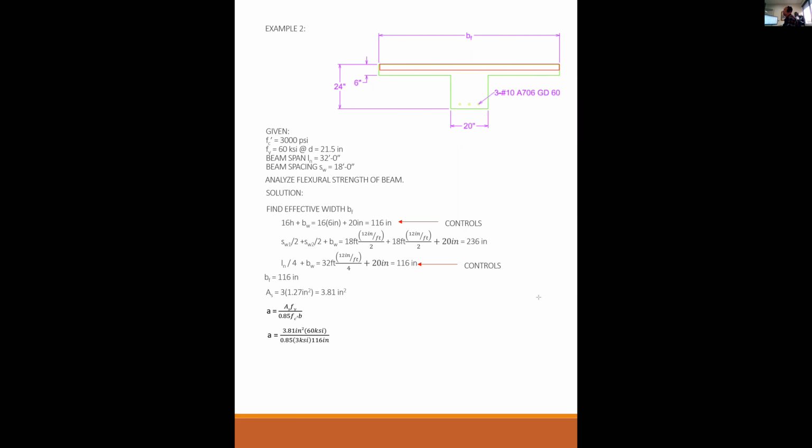That's the compression block. So if the Whitney stress block is as wide as the effective flange, then that's why this is 116, not 20. If it was negative bending and your compression was down here in the bottom, then this would be 20. Does that make sense?